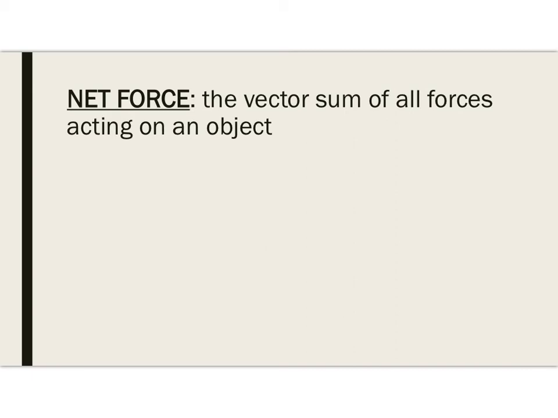Now remember from your last set of notes the net force. Net force is the vector sum of all of the forces that are acting on an object. So you have to take into consideration all of the directions, all of the magnitudes of the forces that are acting on the object to figure out what the net force is. So we show that with F net.